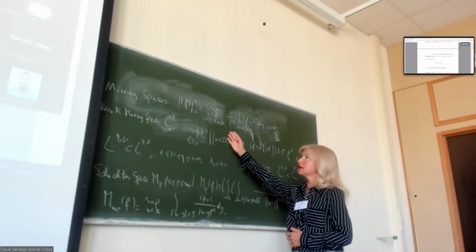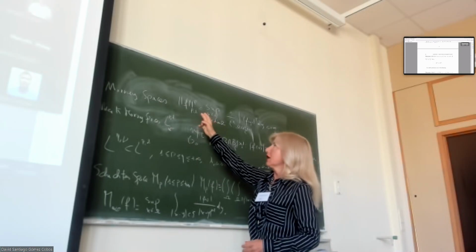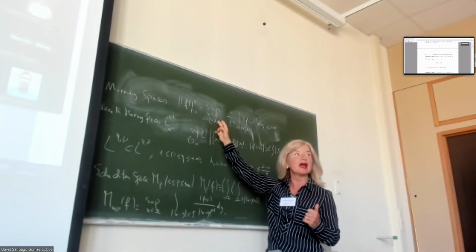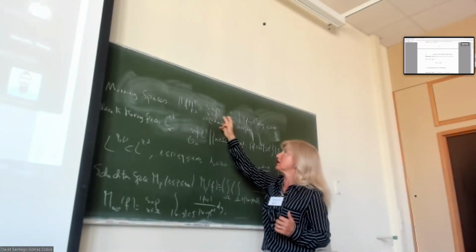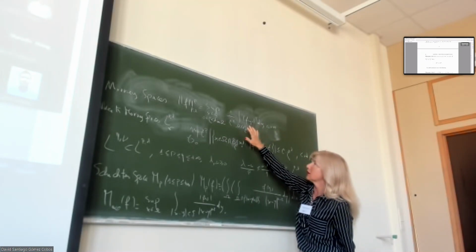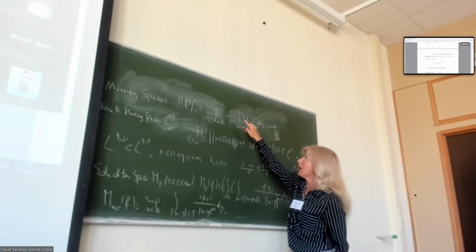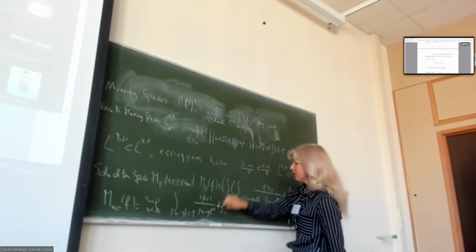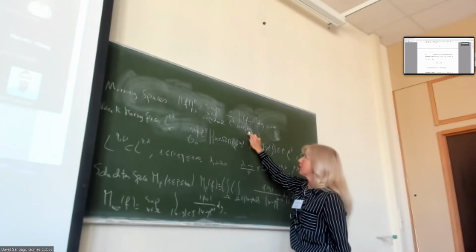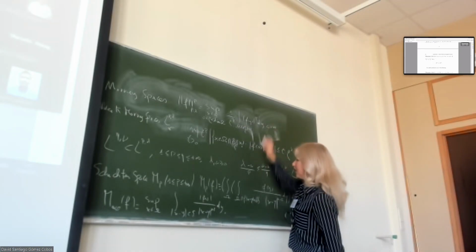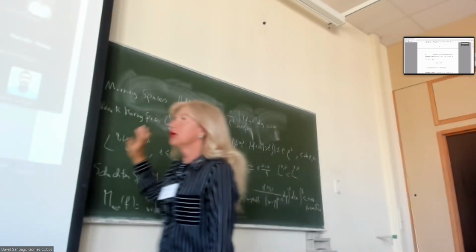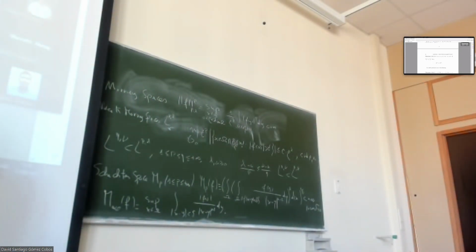So a Morrey class is a class where the following quantity is finite: the supremum, for x in Omega and rho between 0 and the diameter of Omega, of the quantity 1 over rho with exponent lambda, times the integral in Omega intersected with B_rho(x) of |f|^p dy. So, let us now consider this set.